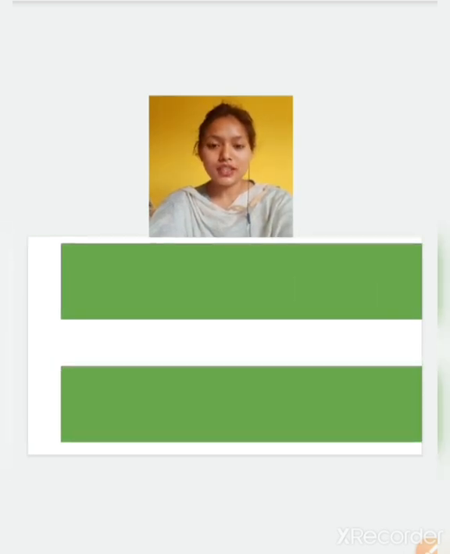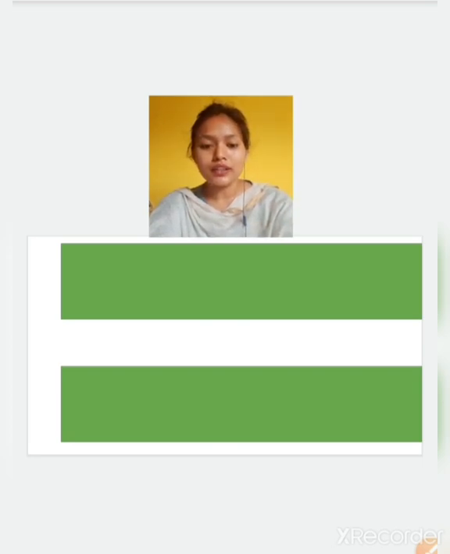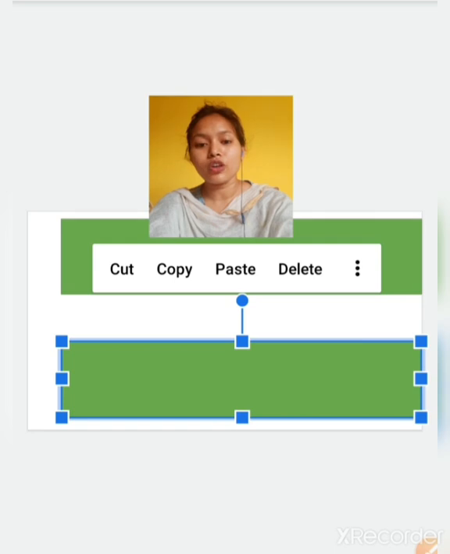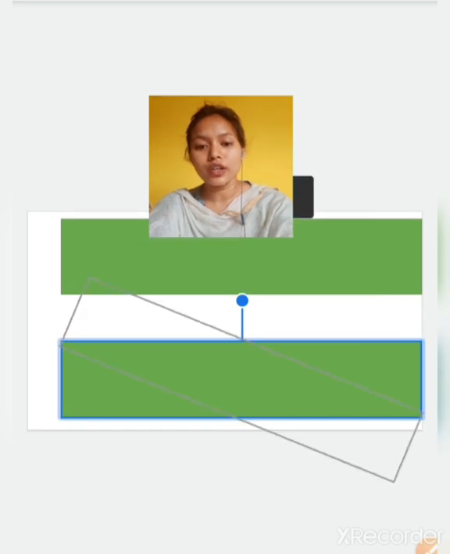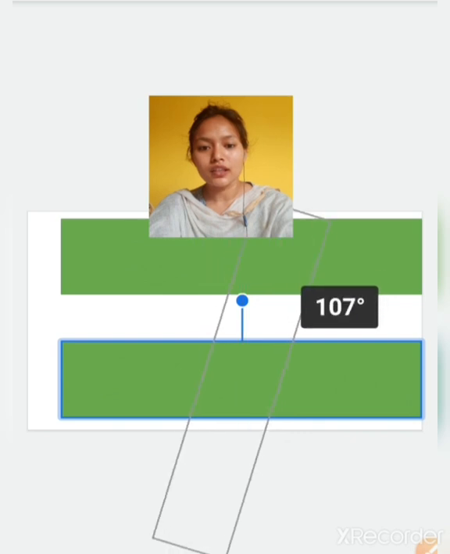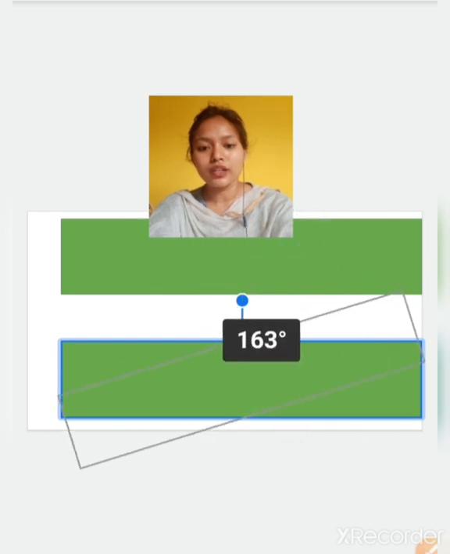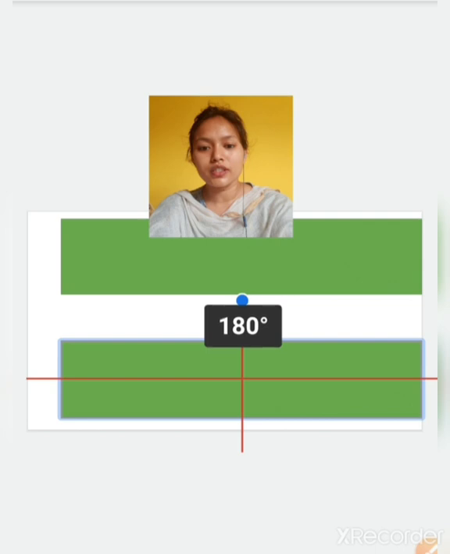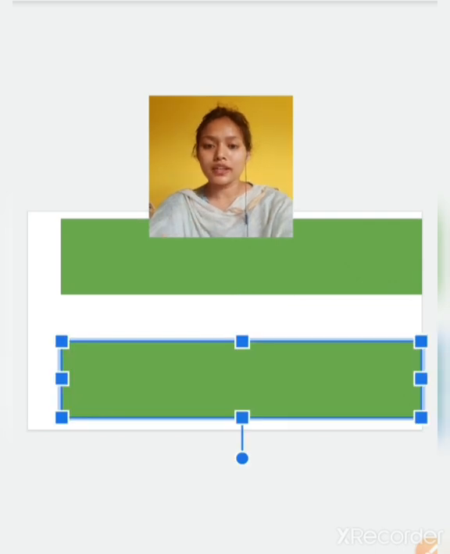Here you can see the second figure is the rectangle. You can see that both the rectangles are same. Now we will rotate one rectangle to 180-degree. That will be a clockwise rotation. So let's move it 180-degree. Are they same?